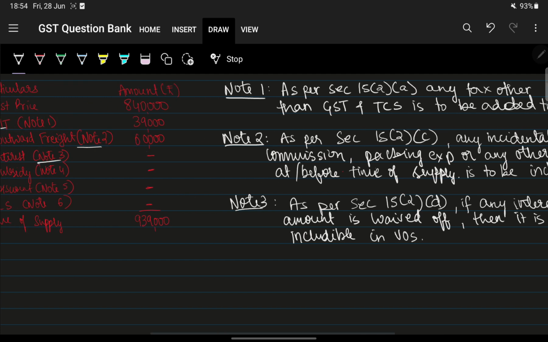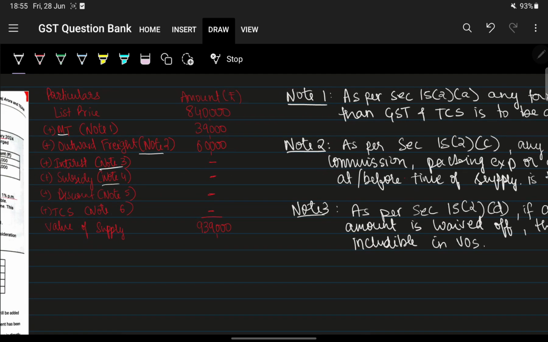Next, what is note 4? Note 4 relates to the subsidy amount. I'll just write note 4 here.